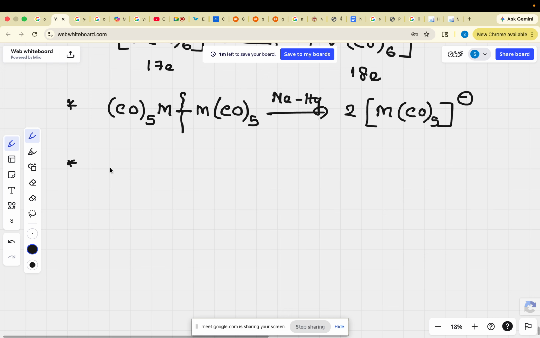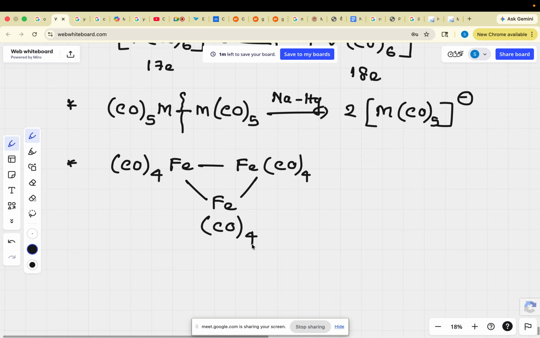Suppose I have this kind of compound, Fe3(CO)12. Like this, iron is there. Here you have Fe(CO)4, and this side also you have Fe(CO)4. Now suppose I am reacting this compound with excess sodium. This metal bond will cleave.